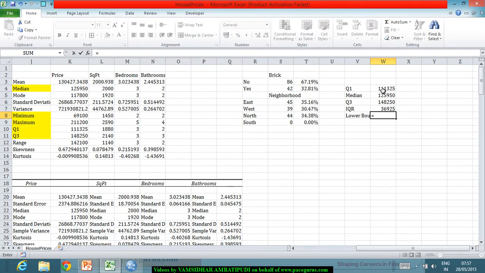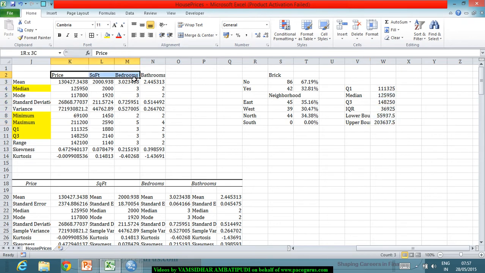Right? Q1 minus 1.5 times the interquartile range. And similarly, I can talk about the upper bound as Q3 plus 1.5 times the interquartile range. Now, this is where, okay, let me do this for all of them.